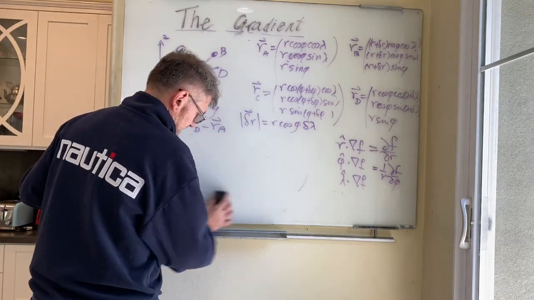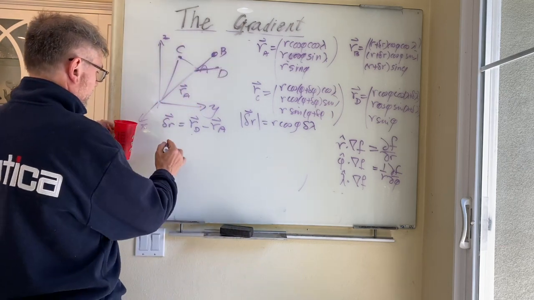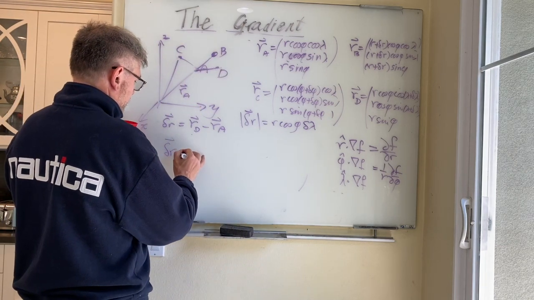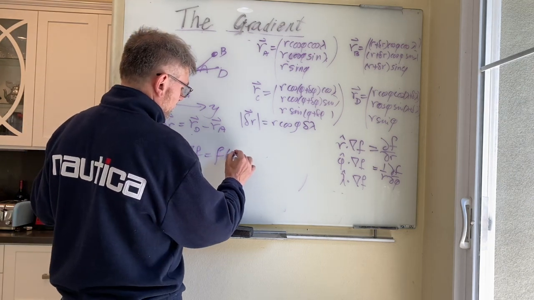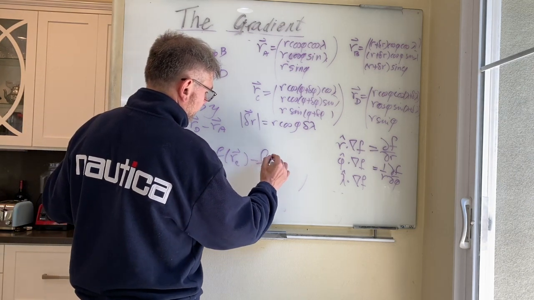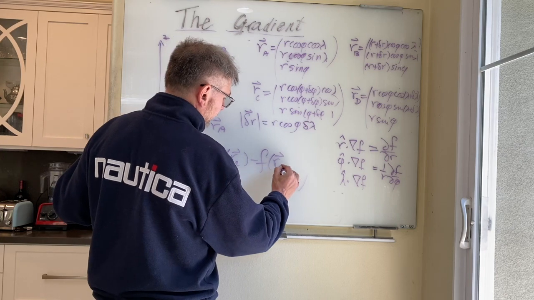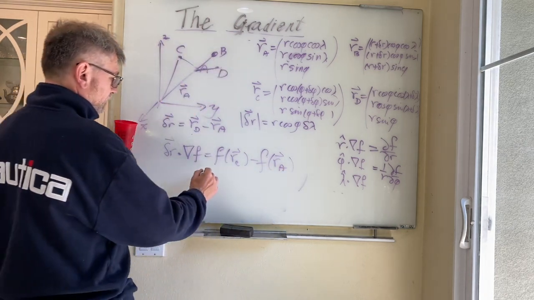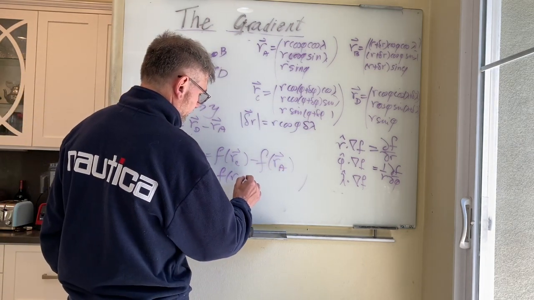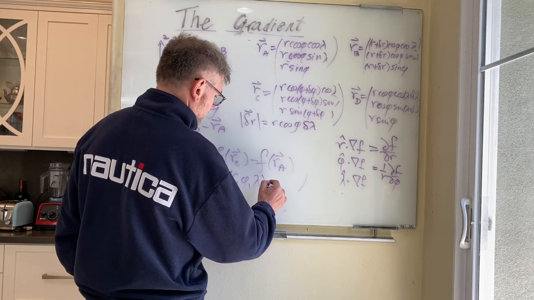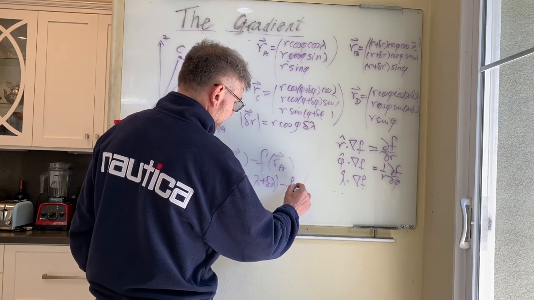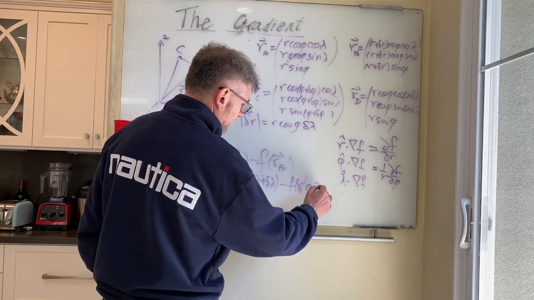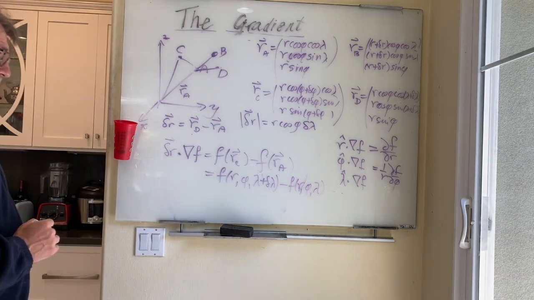Now, I will dot delta r with grad f, and that will be f at r of c minus f at r of a, and that will be equal to f at r phi lambda plus delta lambda minus f at r phi lambda. So far so good.